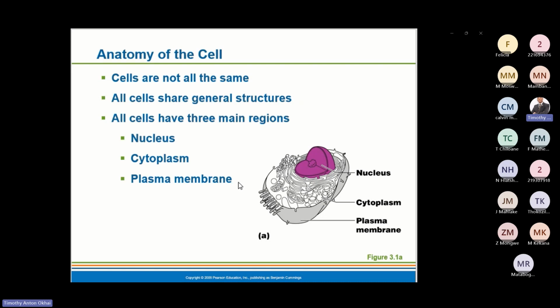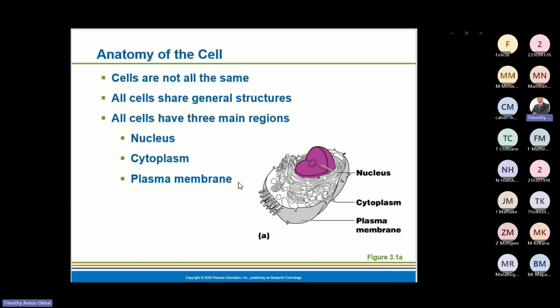So when we talk about a generalized cell, although cells do not look the same depending on their functions, there are certain features that are common to all cells. There are certain organelles that all cells contain. When we look at a typical cell, which we call a generalized cell, we want to see what a typical cell will look like and what it will contain in terms of its organelles.